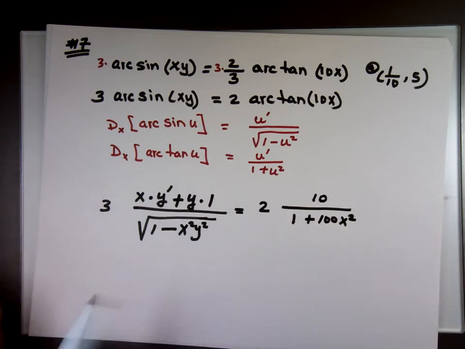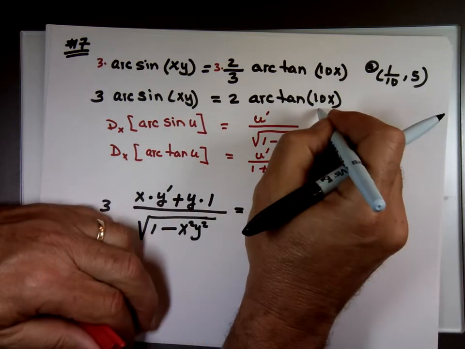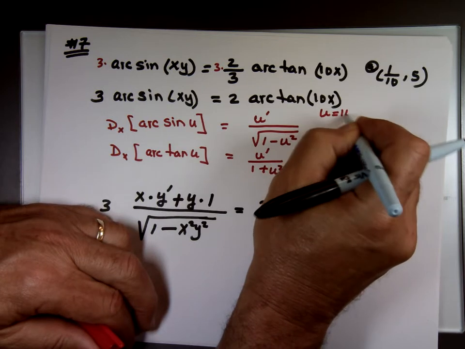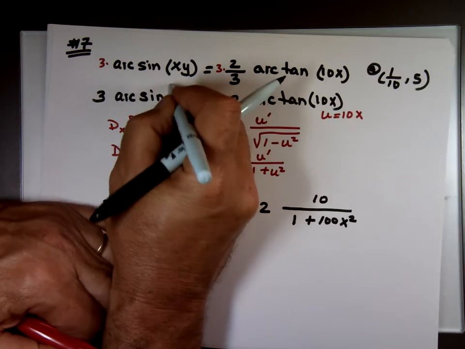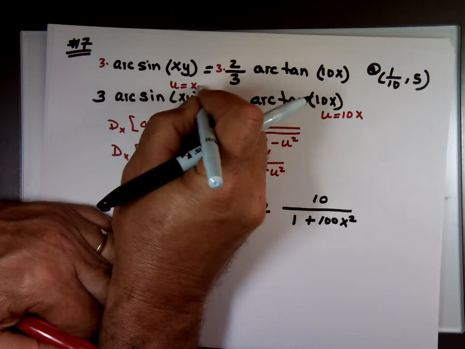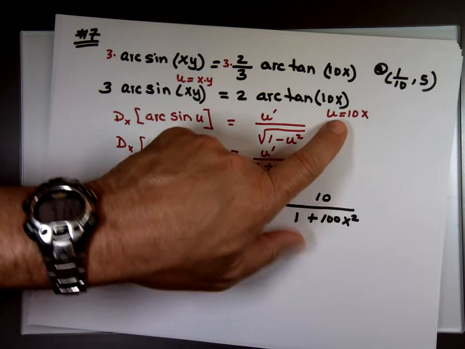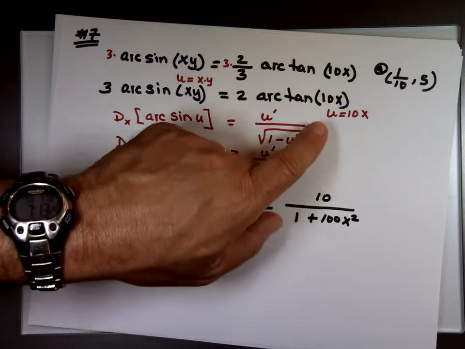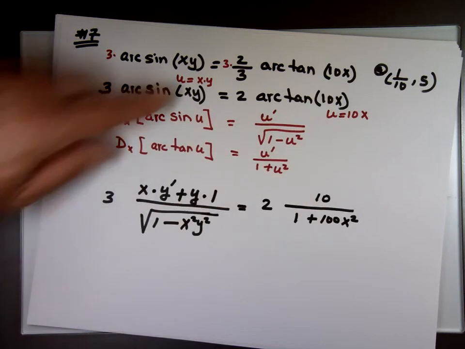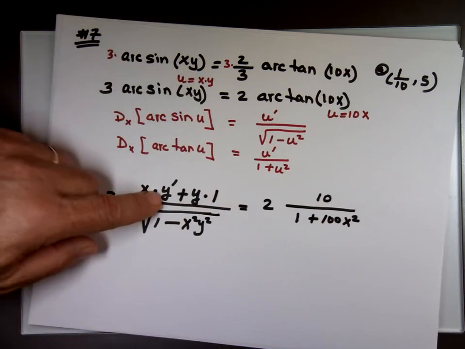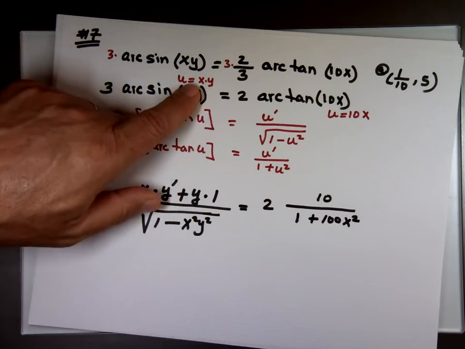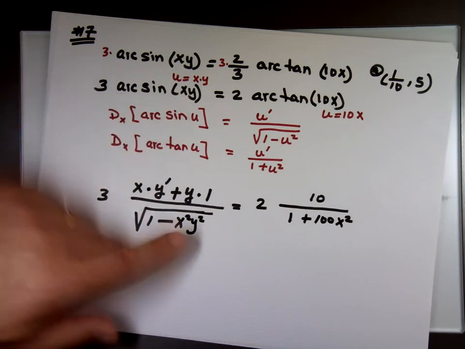So for this one, u equals 10x. For this one, u equals xy. So the derivative of that will be 10, and square that is 100x squared. The derivative of that, x times y prime, plus y times 1. And that's what you have in the bottom.